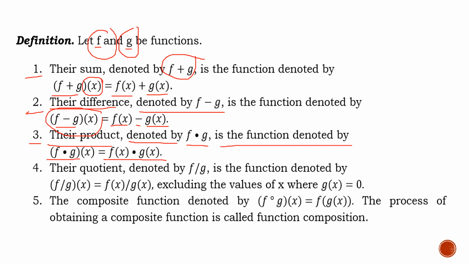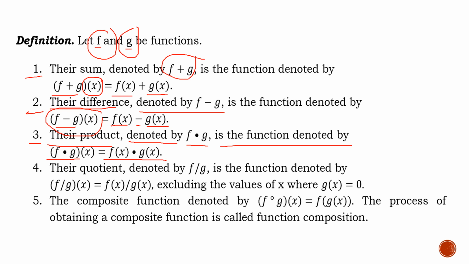So we just simply multiply f of x to g of x. If there's a given value or expression for f of x and g of x, then we just simply multiply them, and that will be the definition of this kind of operation on functions.